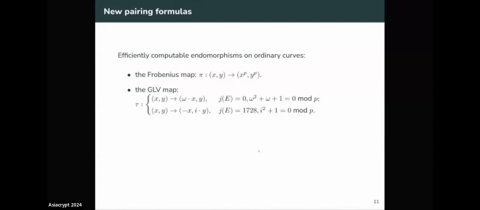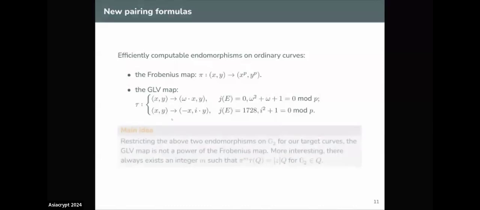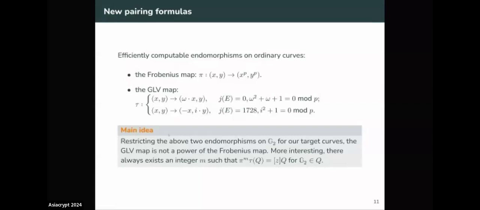There are 2 different efficiently computable endomorphisms on this curve. The first one is the Frobenius map, and the second one is the GLV map. We observe that if we restrict the 2 maps to the group G2, then the GLV map is not a power of the Frobenius map.